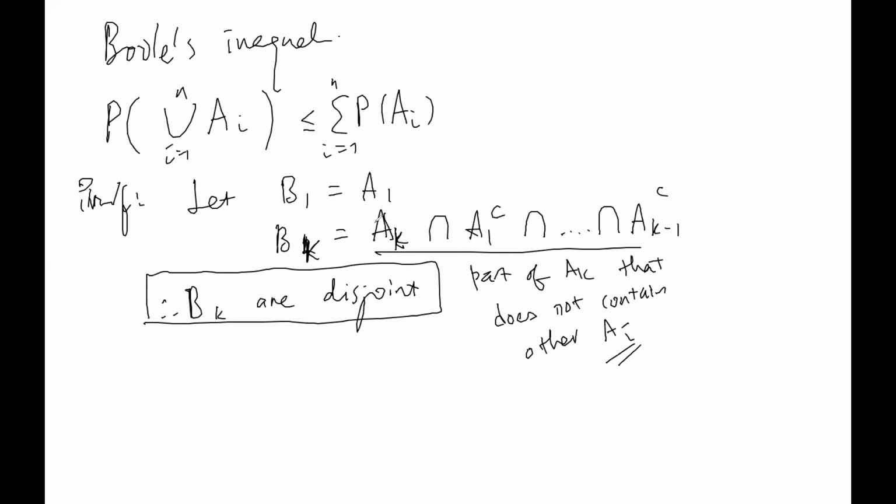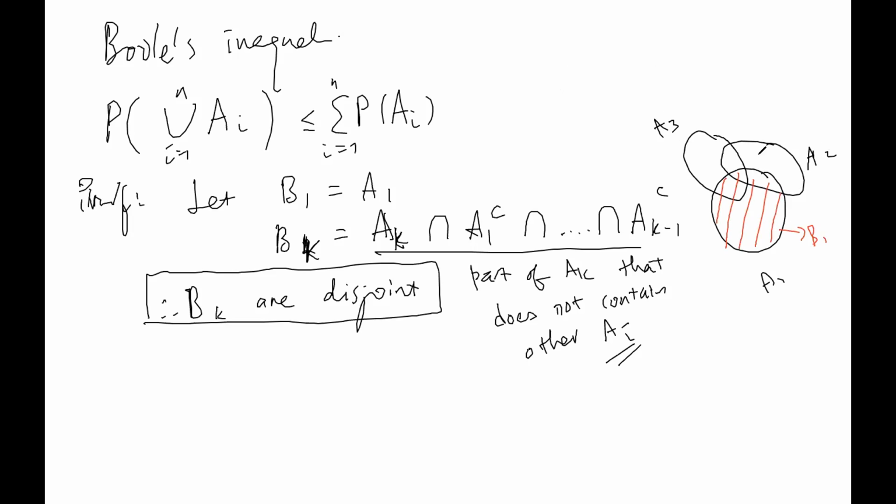So definitely it will be the part of AK that does not contain A1 and all that. If you think of your sets like this, they're all tangled together, for example just A1, A2, A3. Your B1 will be A1, the whole thing. And then your B2 will be A2 intersect A1 complement, so the part of A2 that does not contain A1, so that would be here.